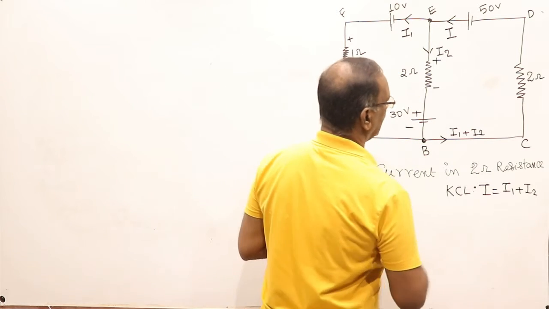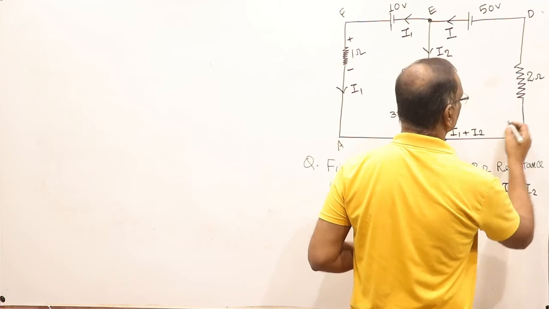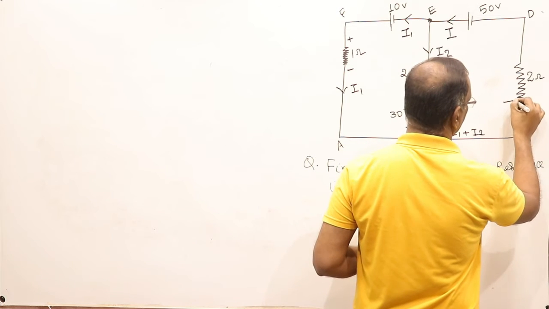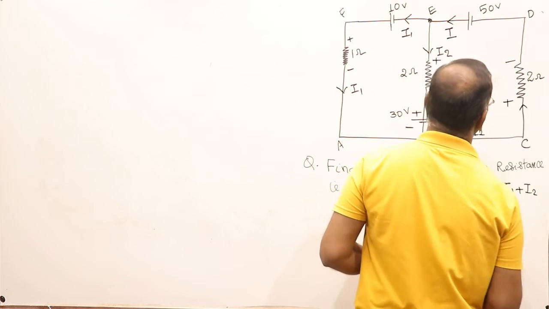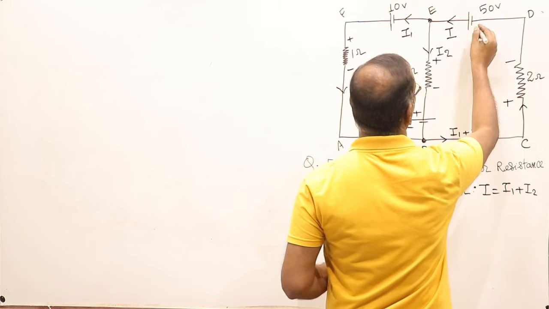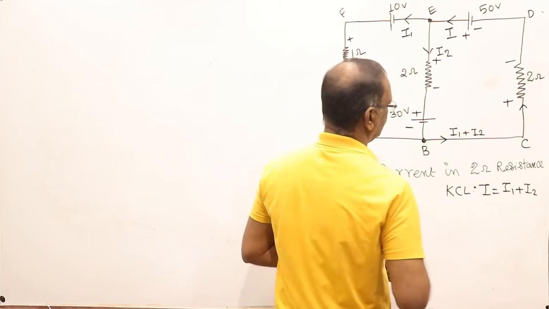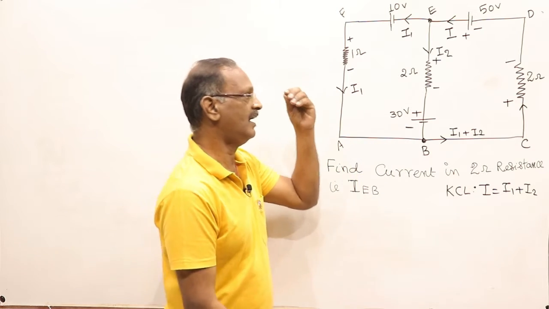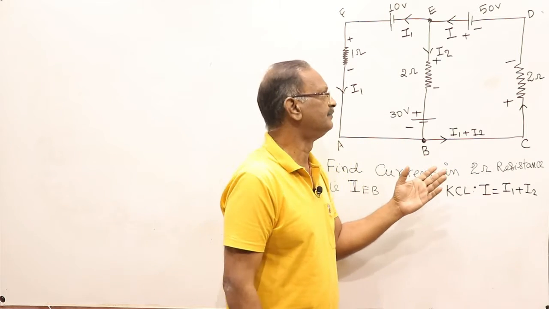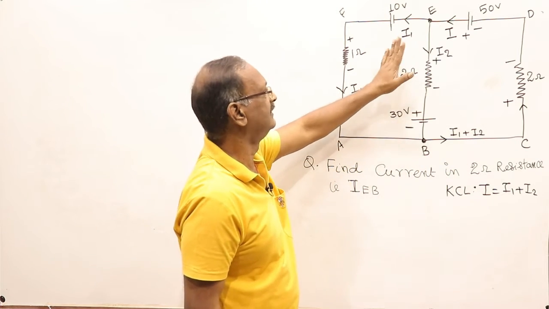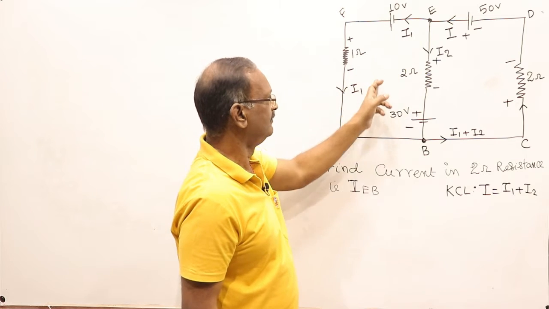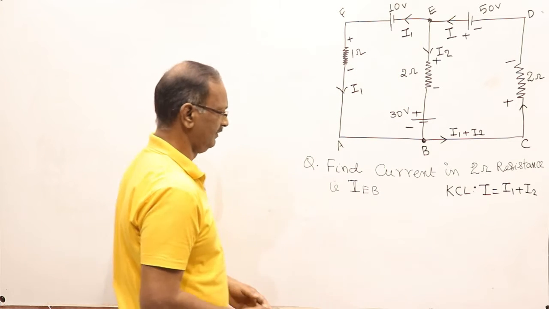Both are coming, and here I1 plus I2 is flowing like this. So this is at higher potential, this is at lower potential, and this is the negative side of the battery, this is the positive side. We have assumed the current direction, it need not be exact. Then we are going to apply it for this path.